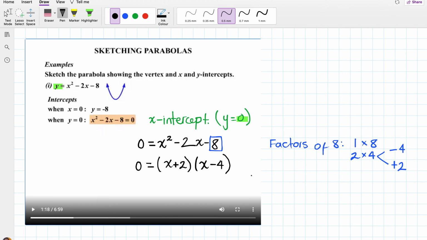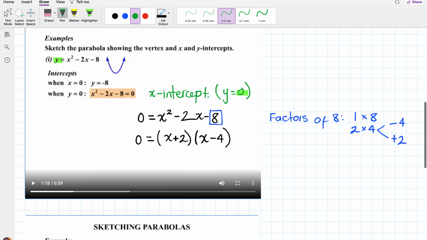Wonderful. Now, just something to clarify here on this side as well. What do we have here, girls? Basically, if I have 0 equal to a number being multiplied by another number, whatever it is, I have options. How can I get to 0? I can get to 0 if one of them is 0.